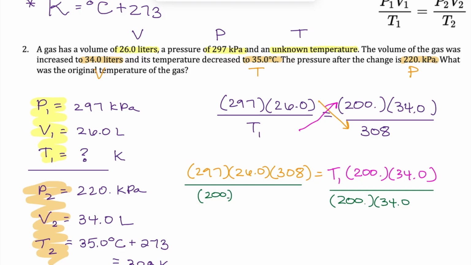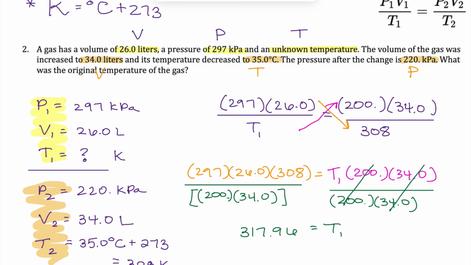And that means those will cancel on the right. And then I can go ahead and plug that into my calculator. I do have to be careful. I need to make sure I'm dividing by both that 220 and that 34. So if you want, multiply those out first before you do that division. And then we should get 317.96 is what I get from my calculator.